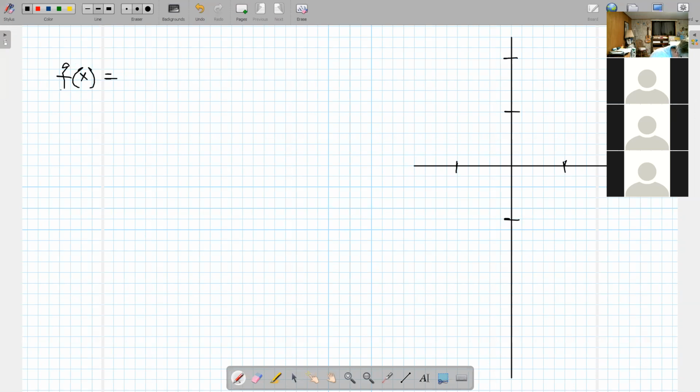F of x equals the square root of x. When it's behaving like this, I have to go really slowly or it messes up. Okay, it's pretty sad looking, I know. All right, so we're going to make a table. X's and y values.